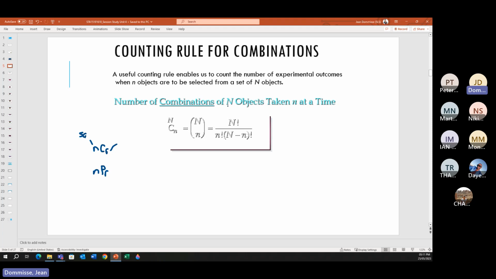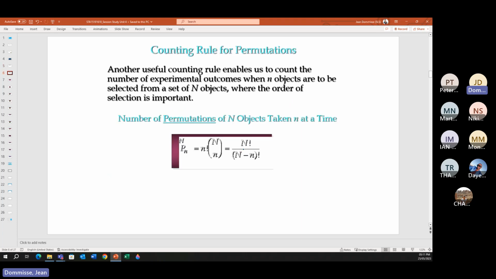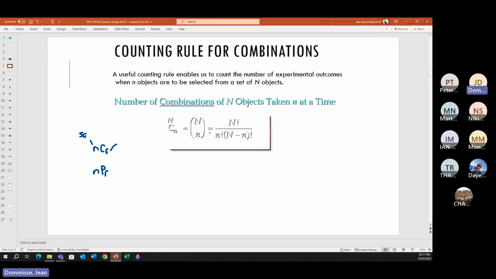When you look at the mathematical formula, there's a slight difference in the one for combination. Both have the n factorial and the n minus r in brackets factorial, but in your combination there's an extra r factorial that comes into play.